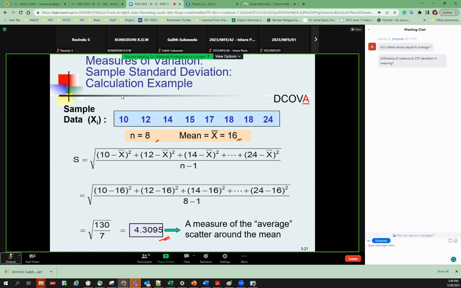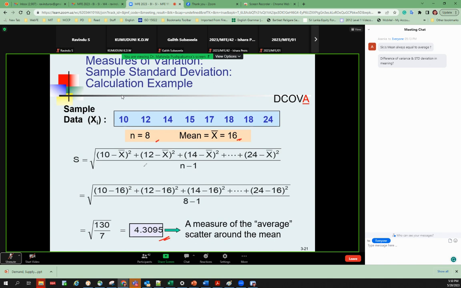Someone asks in the chat box about the difference between variance and standard deviation. The difference is that, as I explained earlier, variance changes the unit of measure.